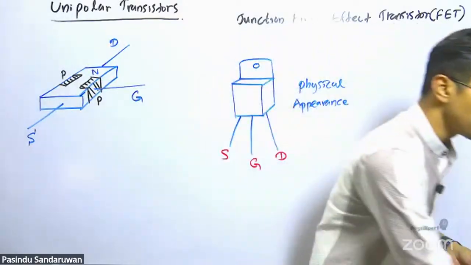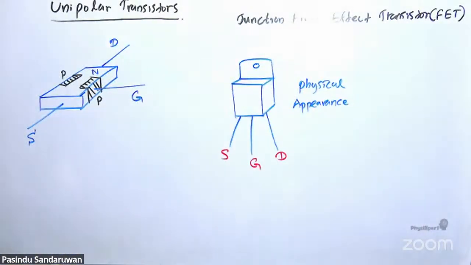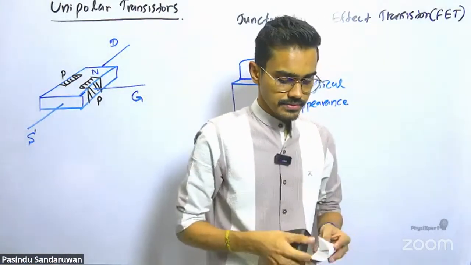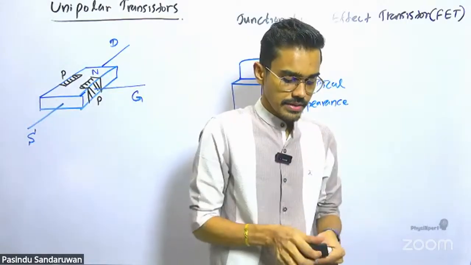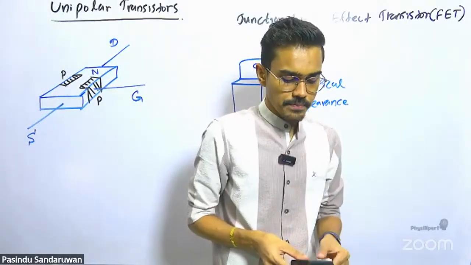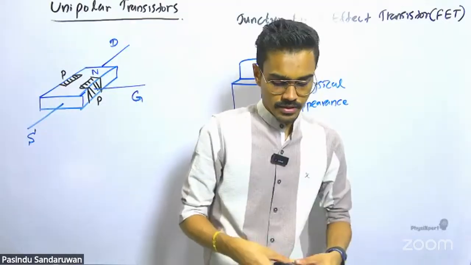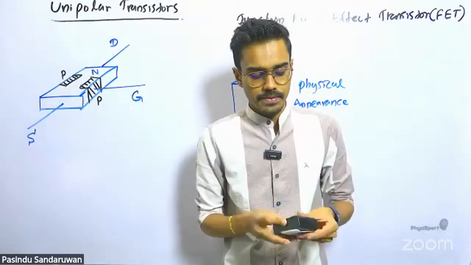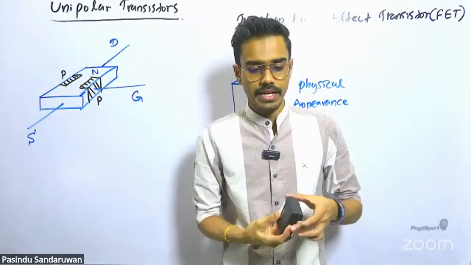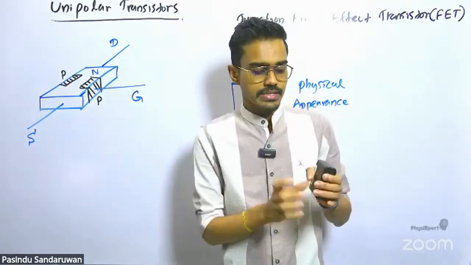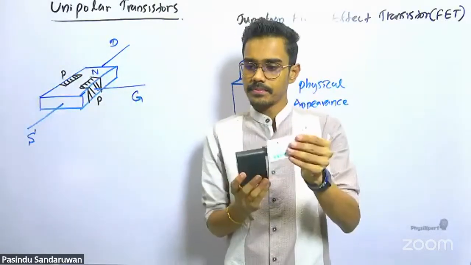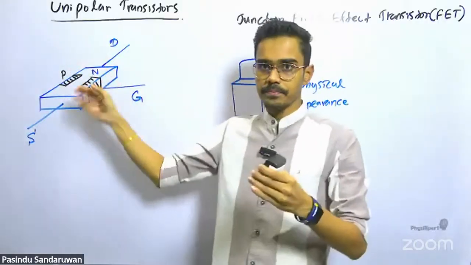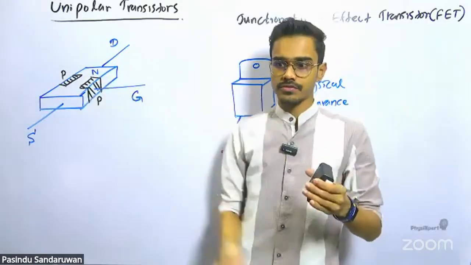If this is the N-type, the P is wrapped around this one. Then this is the N-type, and this is the P-type wrapped around this. So what you are seeing is the same wrap from both sides.